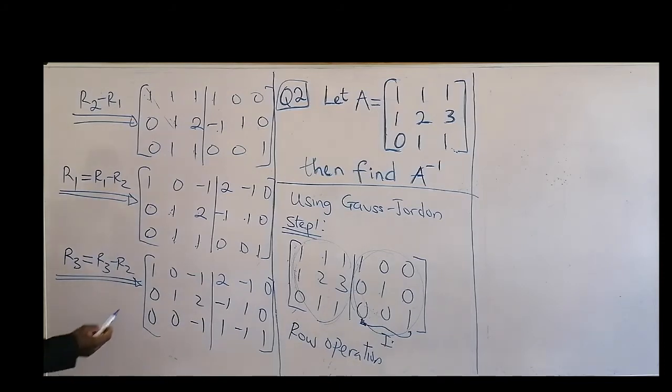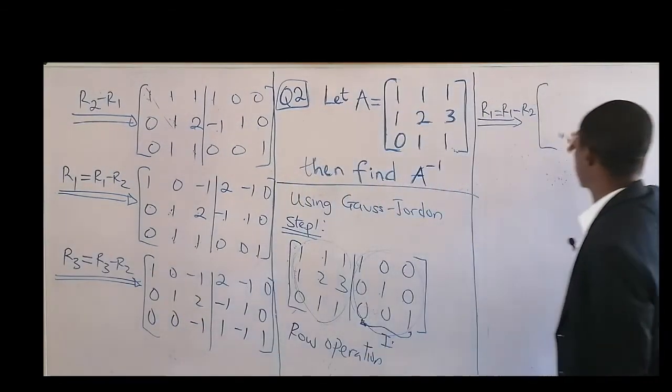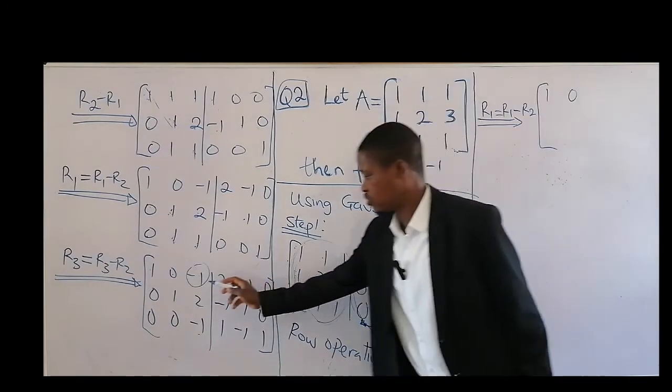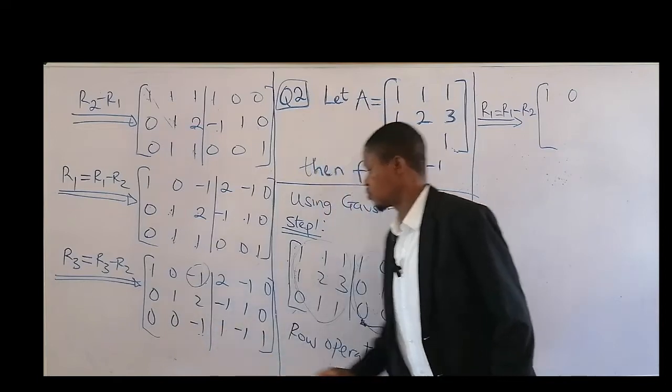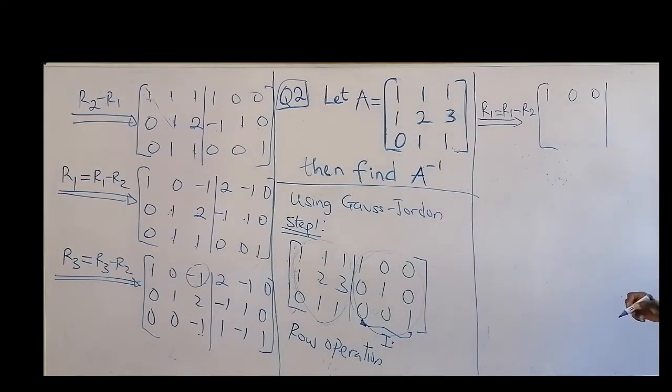We can turn the row 1 entry to 0 here by adding the first row with the third row. So 1 minus 0, that's 1 there. 0 minus 0, and minus 1 plus 1, that's 0 here. So that one is achieved.